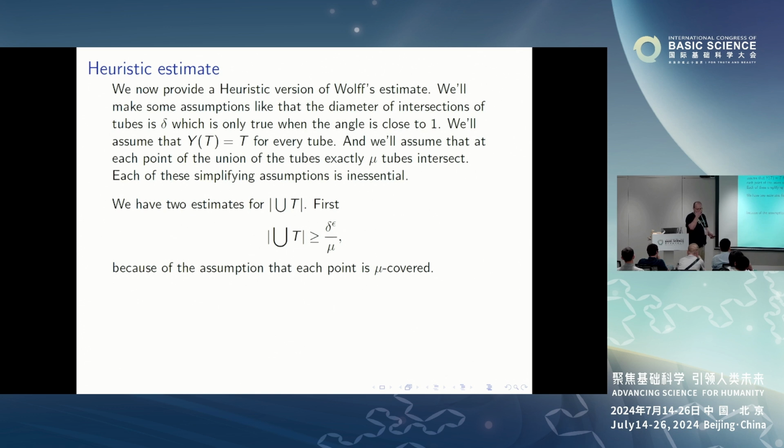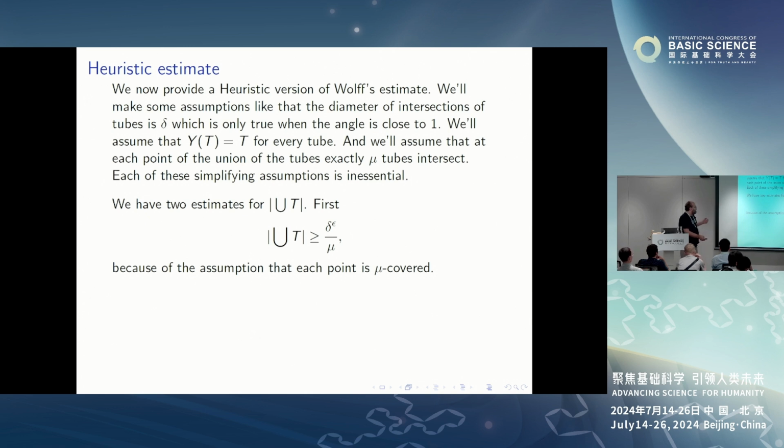But the answer is that you sort of sort them. This is a process called dyadic pigeonholing. You find a number mu that reflects that for a large part of the set, between mu and 2 mu tubes are intersecting at every point.